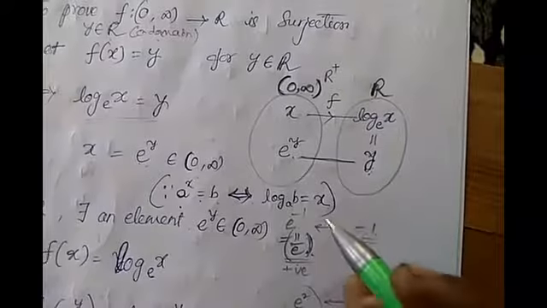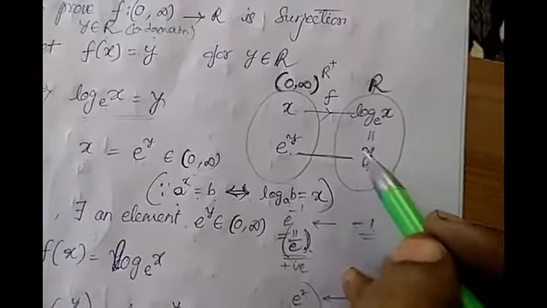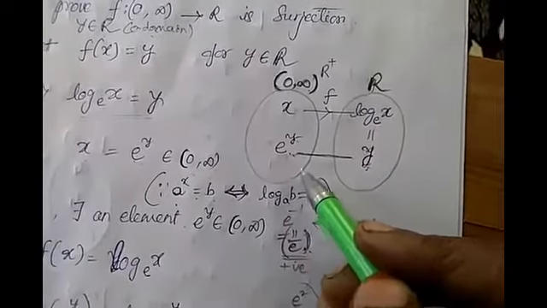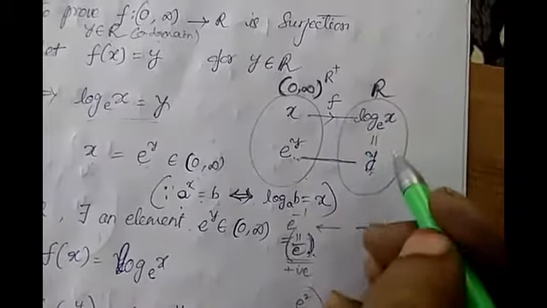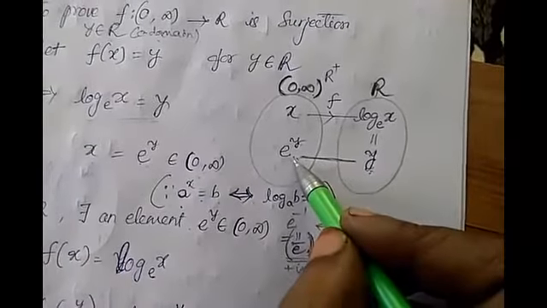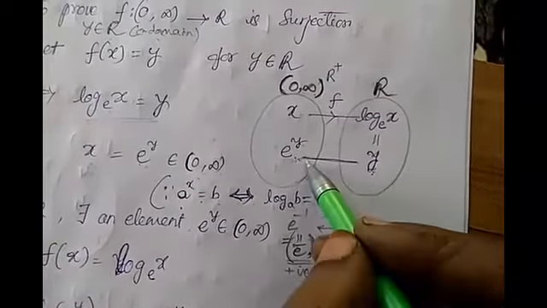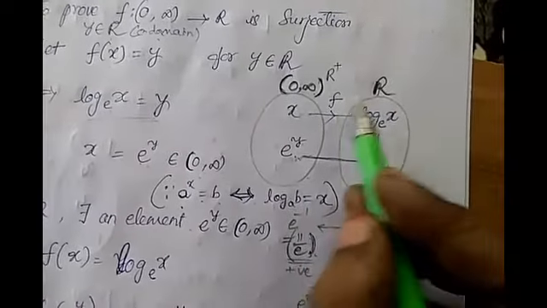So finally you conclude that for every element in the codomain there exists e power y in the domain set. So we can say that the given function f is a surjection. For every element in the codomain, there exists a pre-image to that element. So f is a surjection.